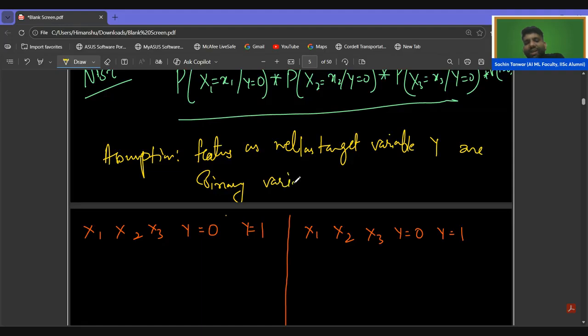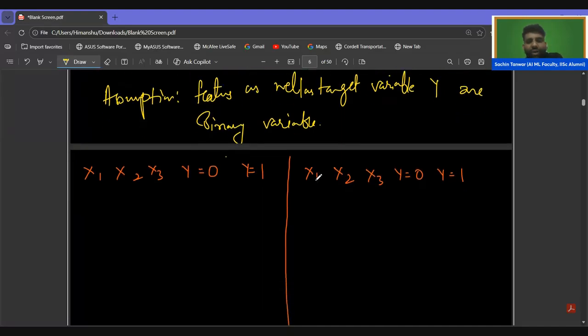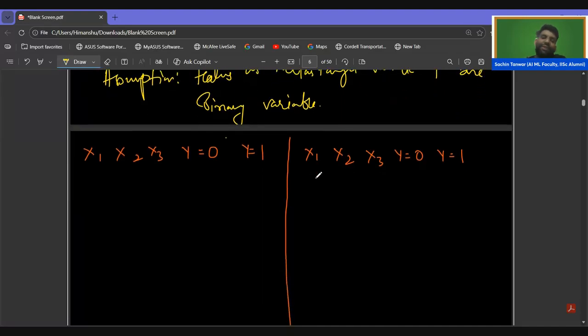That means they can take only two values: 0 and 1, a or b, c or d, 3 or 4, true or false, success or failure, high or low, something like this. So all are binary variables.